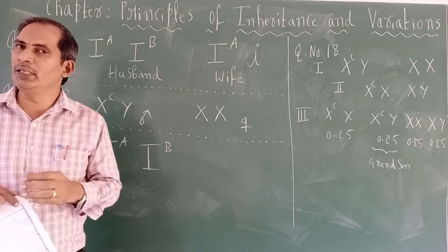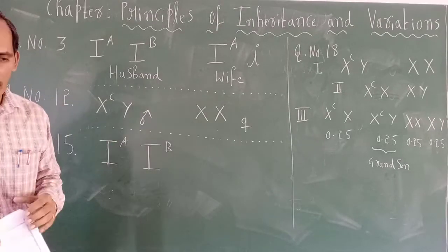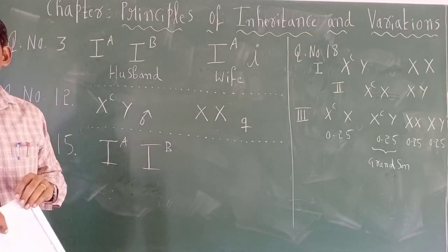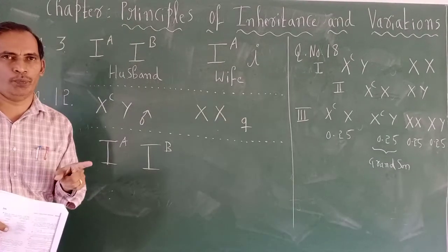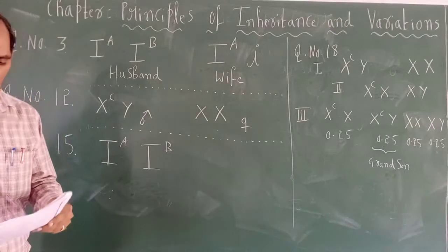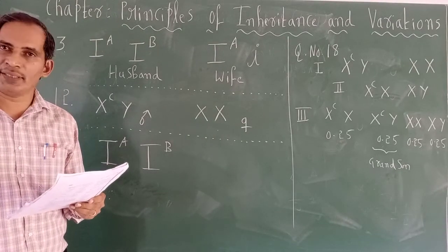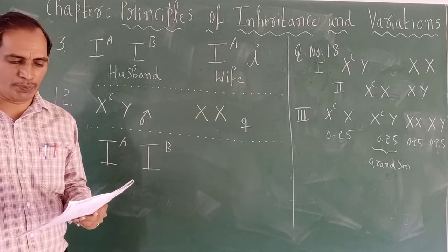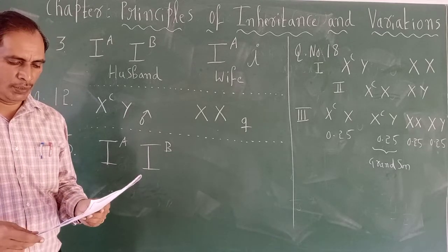XO type we find in insects like grasshoppers, where the female grasshoppers will have 2 X chromosomes, while male grasshoppers will be having only 1 X chromosome, while the other allosome is missing. So the correct option is XO type of sex chromosomes determine male sex in grasshopper. The other options are wrong. So the correct option for 31st question is A.